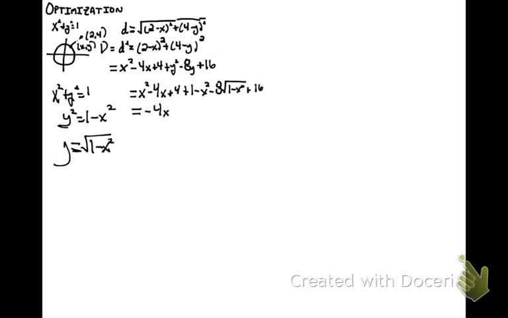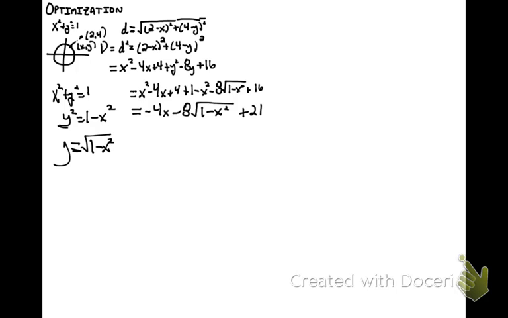So negative 4x minus 8 times the square root of 1 minus x squared plus 21. And we're focusing on the first quadrant. What's the shortest distance? We can restrict our interval to be between the x values of 0 and 1, because those would give us our bounds of what's in the first quadrant.